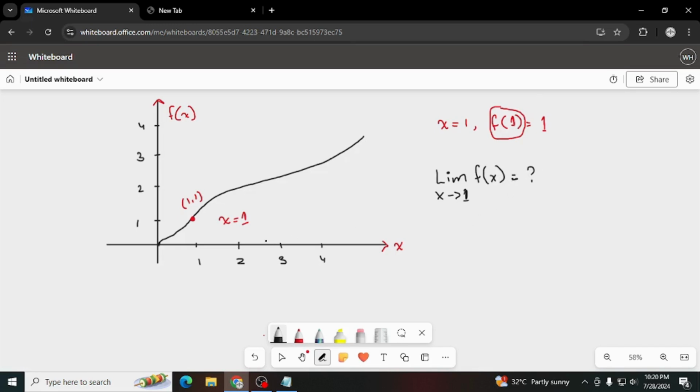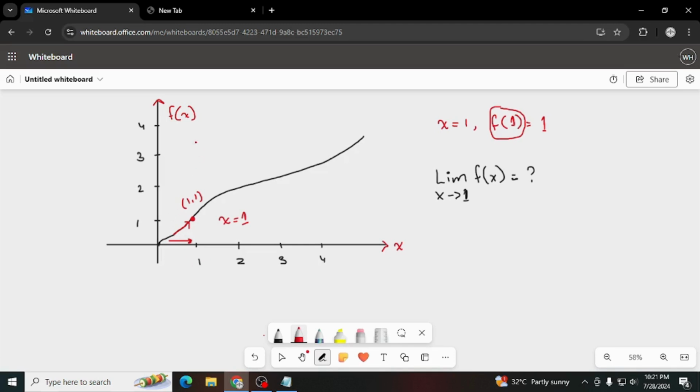So as we get closer and closer to the value 1 on the x-axis, we seem to be approaching the value 1 on the y-axis. And that's the case because f of 1 is equal to 1. So that's how we write limits.